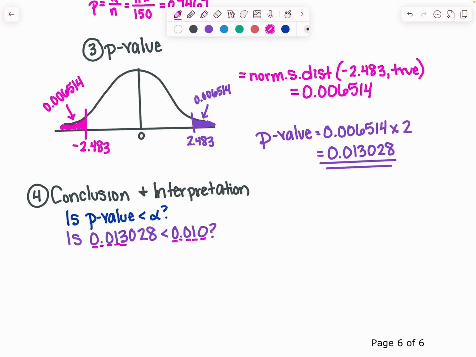So my p-value is not less than. My p-value is bigger. So my p-value is not low. So we are not going to reject the null hypothesis.